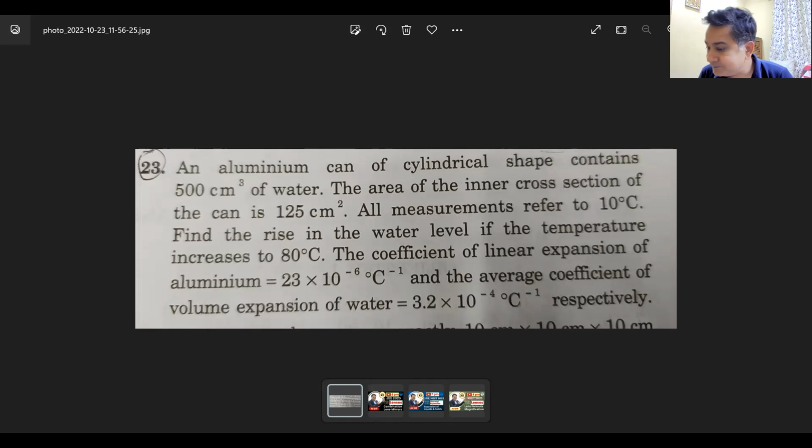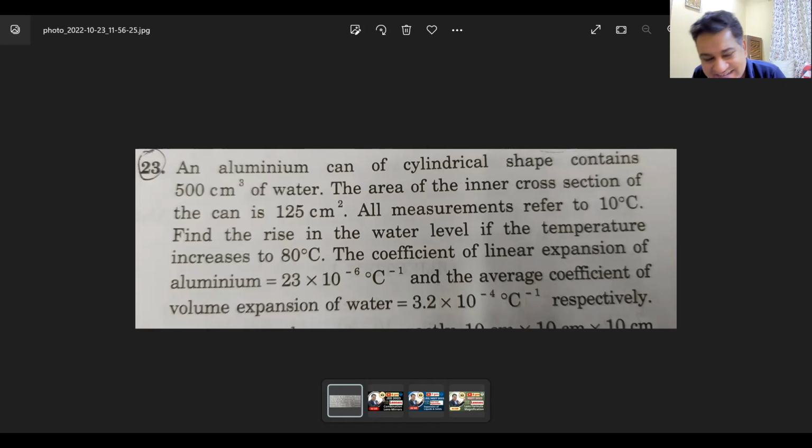Yes or no? Yes, please raise your hands, sir. You can find out what is the increase in the volume. Final volume minus initial volume, you will get the increase in volume. You have to find out how much the level of water has raised. As you can see, the expansion in aluminum, it will only expand in length, right?